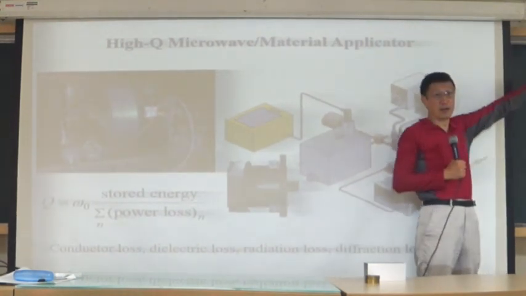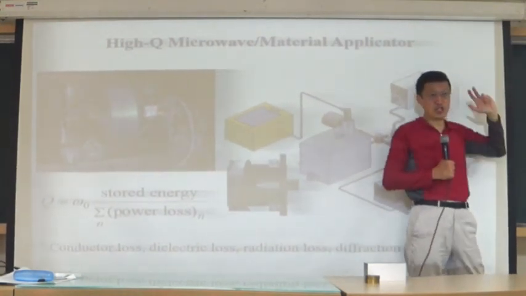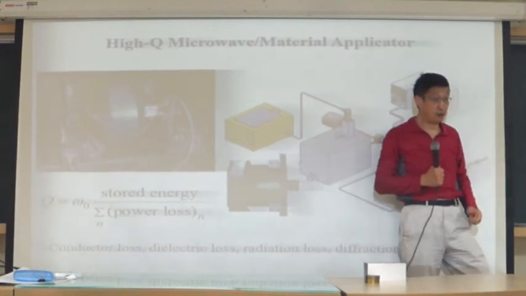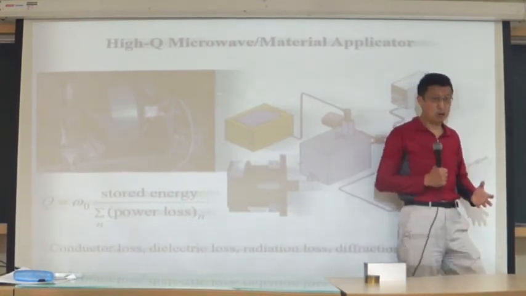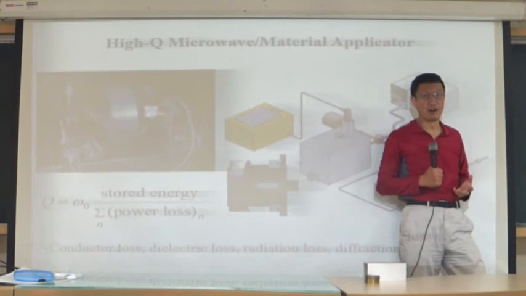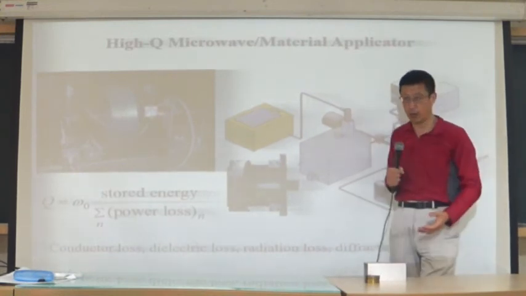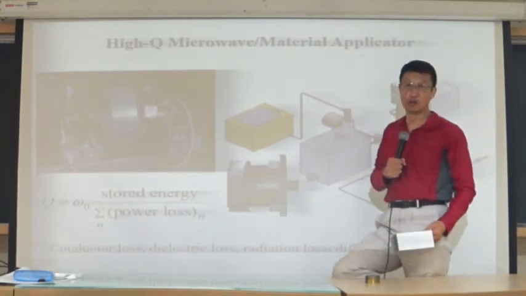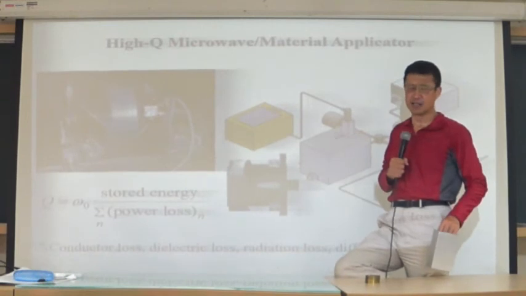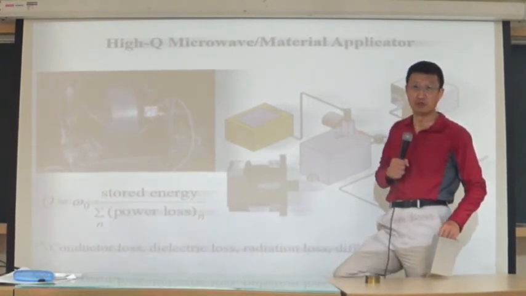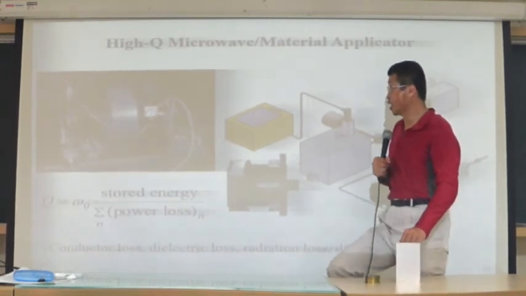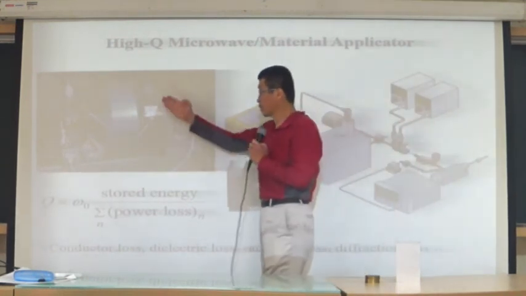How to do that? We use an intense EM field and an extremely high quality factor. But with a conductor, we will have conductor loss, and superconductors are very expensive. So how to do that? We use a quasi-optical cavity.